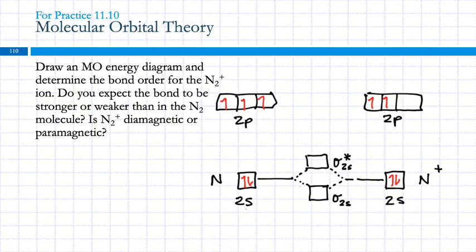Well, it's one element, but it's 2 atoms of the same element. So for boron, carbon, and nitrogen, the pi 2p is lower in energy than the sigma 2p.